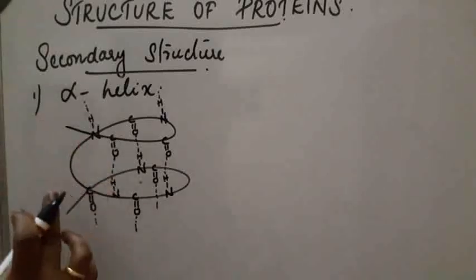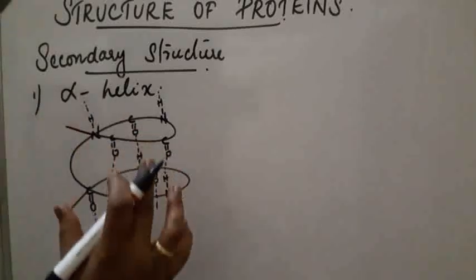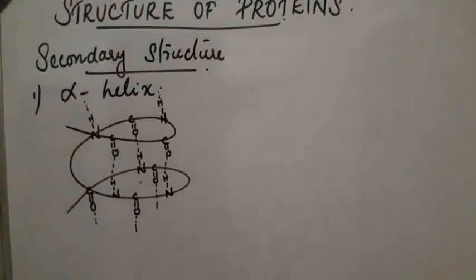As a result of this hydrogen bonding, the protein is folded and gives the alpha helix. Here the polypeptide chain forms all possible hydrogen bonds by twisting into a helix, with NH of each amino acid bonded to CO of the adjacent atom.